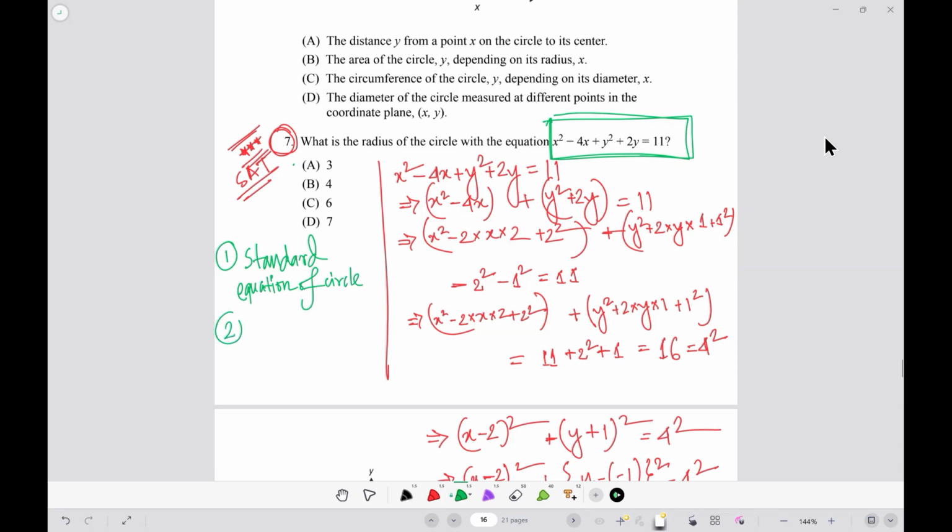And how to do that? To do that, we need to do the algebraic manipulation of this equation.